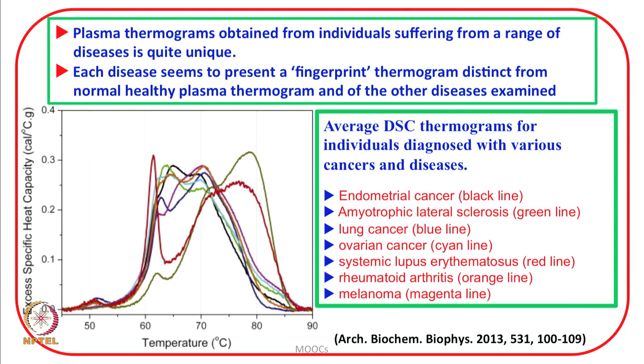Now, let us discuss the other type of thermograms which we can obtain from differential scanning calorimetry and what to interpret from that. In general, what we have discussed so far is on the reversible thermal unfolding of the proteins.